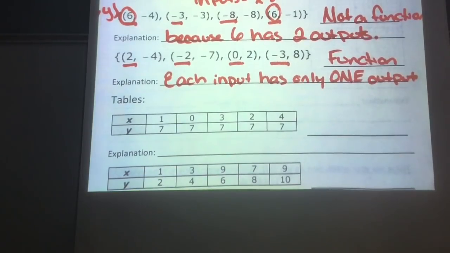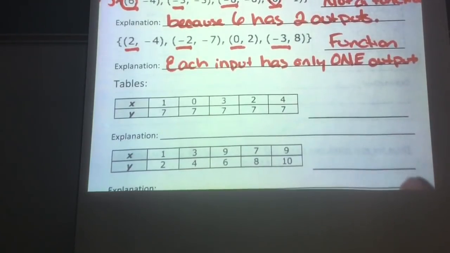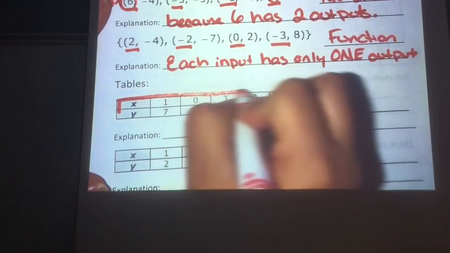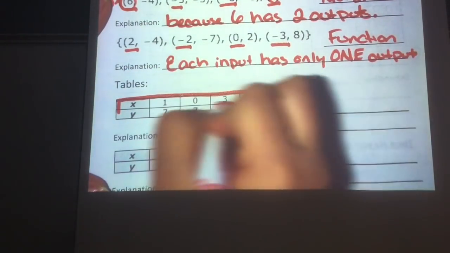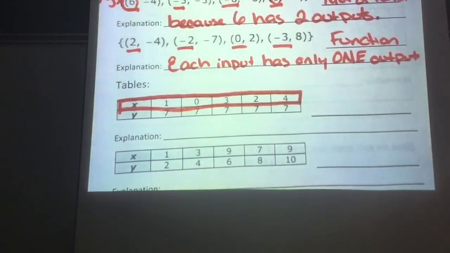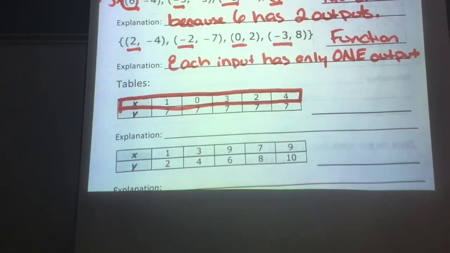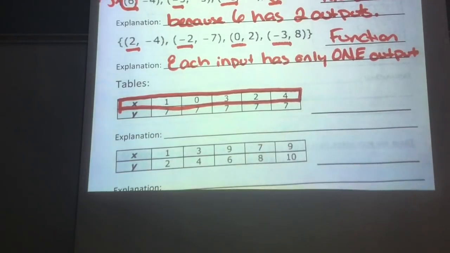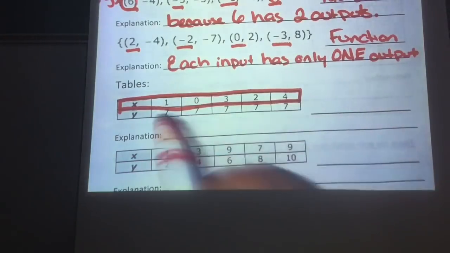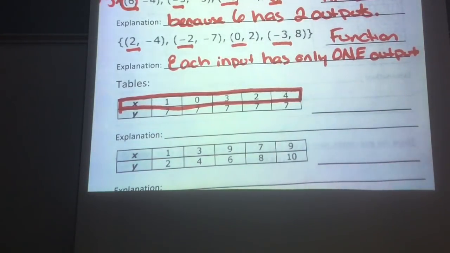Let's go ahead and look at the tables. The same way that in the ordered pairs I was looking at my x's, I'm looking at my x's for my table as well. My x's are 1, 0, 3, 2, and 4. None of these inputs repeat, and because none of these inputs repeat, I know that they are a function.